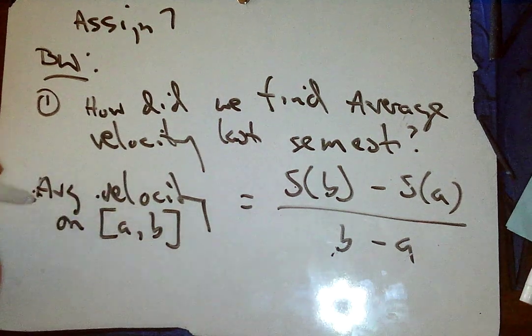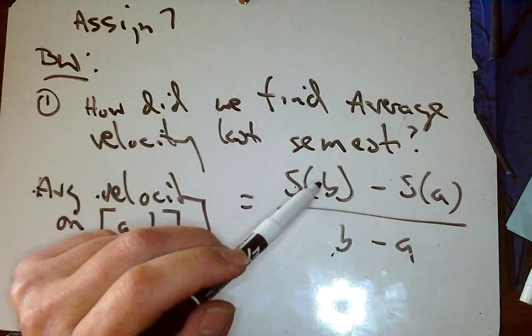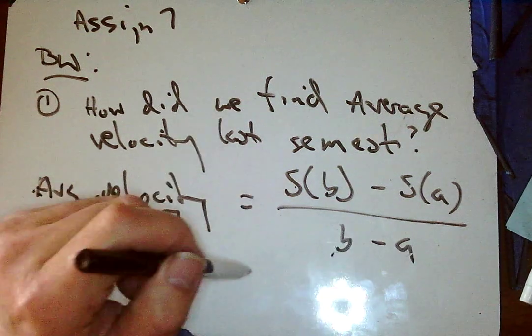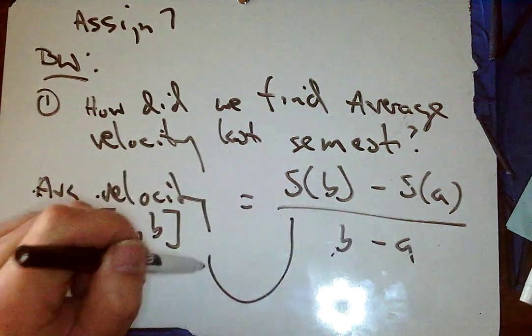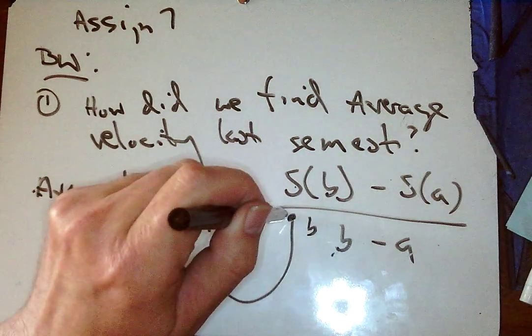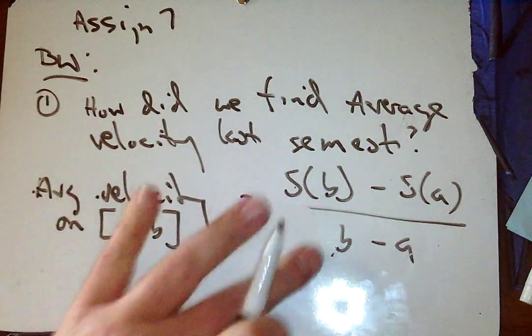And average velocity is the average rate of change, or the slope of the secant between those 2 points on the graph. This is my graph, and A is over here and B is over here. Then the average rate of change is going to be the slope of that secant line that connects them.